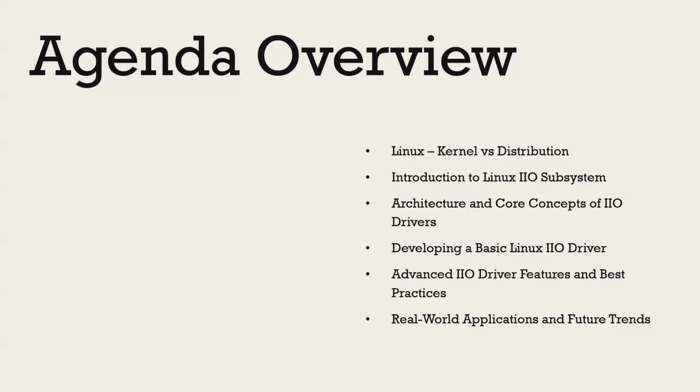So we'll be understanding Linux versus the distribution, and then we'll be seeing the Linux subsystem, and then we'll be seeing IIO, which is one of the subsystems inside the Linux. Then we'll be seeing the architecture and the core concepts of the IIO drivers. And then we will be seeing how basically we can write a basic IIO driver, then its advanced features and the real-time application.